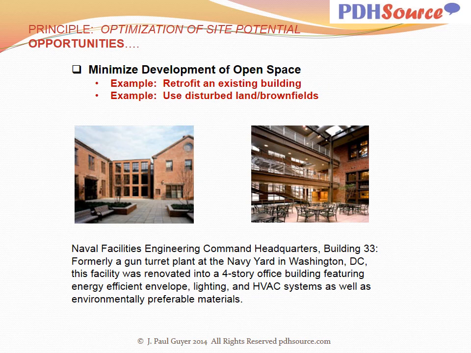And so rather than building a new building to meet that need for space for engineering and administrative staff, the gun turret plant was renovated. And as you can see from these two photos, it's quite a nice renovation project. Attractive exterior, and looks like a very pleasant working environment on the inside as well.